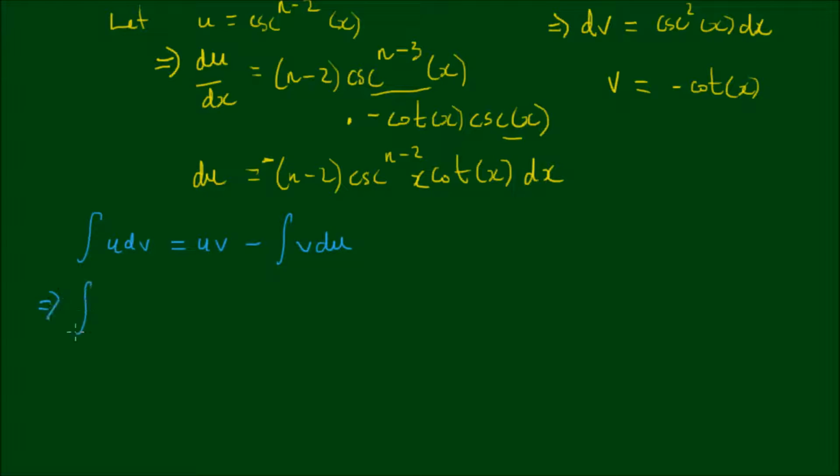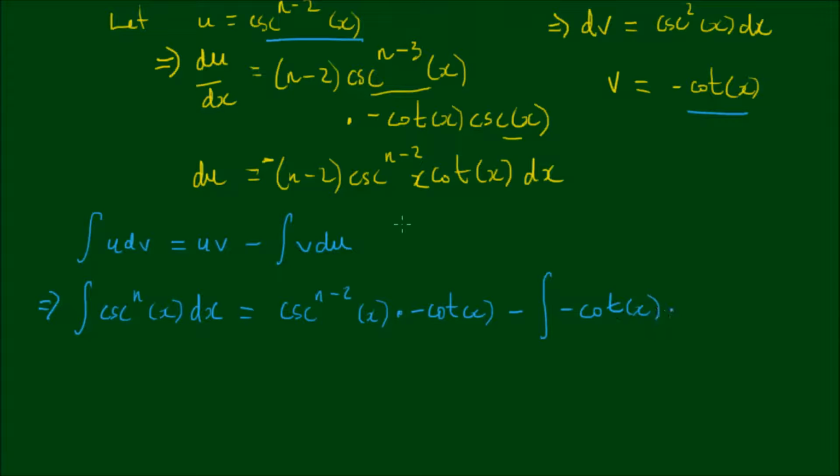So thus the integral of cosec to the nth power of x dx is equal to u, which is cosec to the n minus 2 of x, by v, negative cotangent of x, minus the integral of v, negative cotangent of x, by du, which is negative n minus 2 by cosec to the n minus 2 of x by cotangent of x dx.